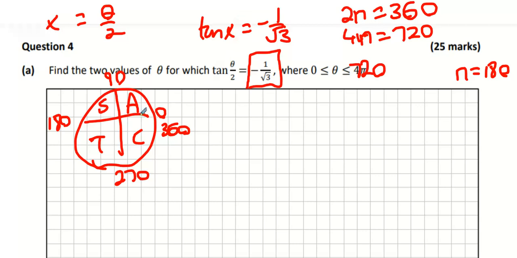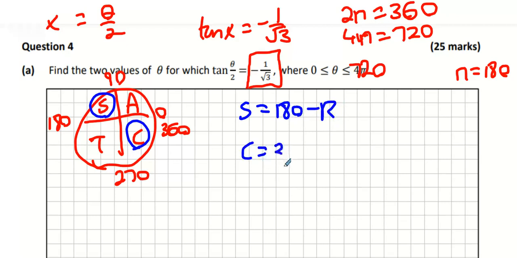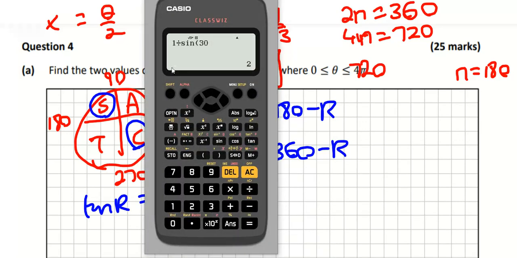Tan is negative. That means we're using S and C. S is 180 minus your reference angle, and C is 360 minus your reference angle. Reference angle is obtained by getting the positive inverse. Ignore the sign and just inverse it.